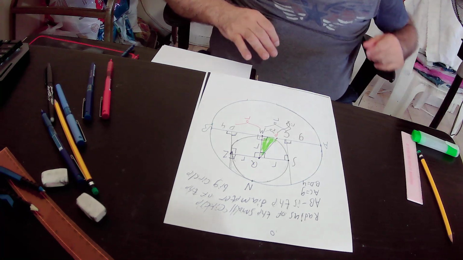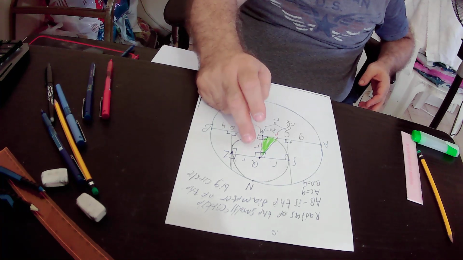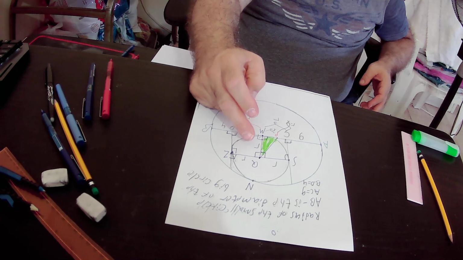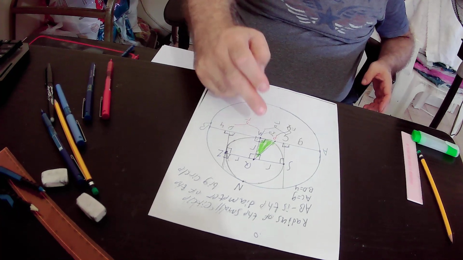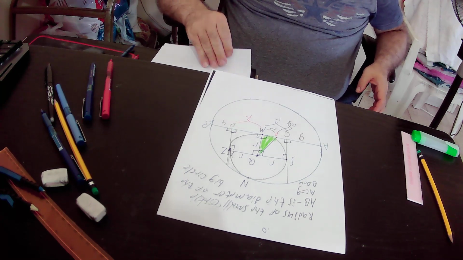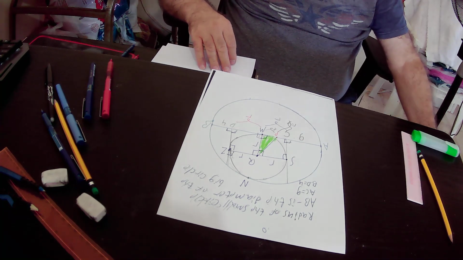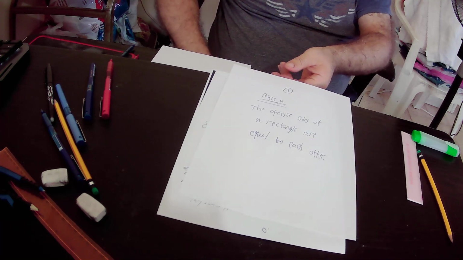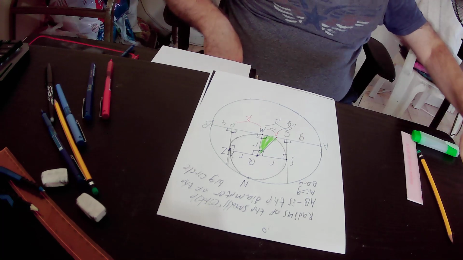And according to rule number 4, the opposite sides of a rectangle are equal to each other.